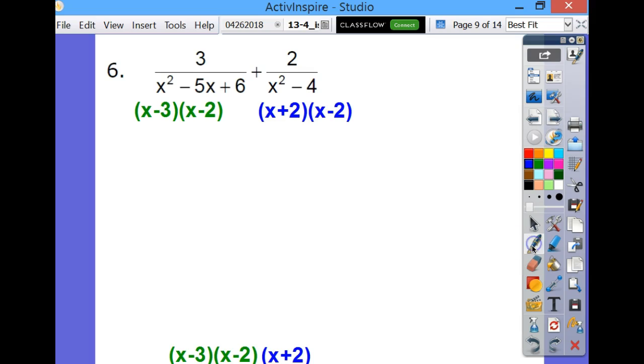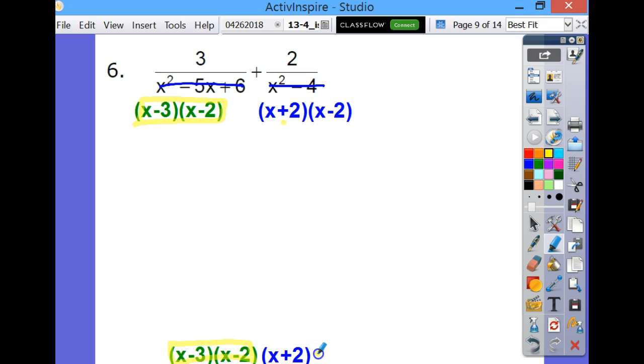On problem number 6, yesterday we already found the factors, and so we already factored out the denominator. Down here, all the way at the bottom, I have my common denominator. My common denominator starts with the first denominator. Do I already have an x plus 3, x plus 2 in this part right here?